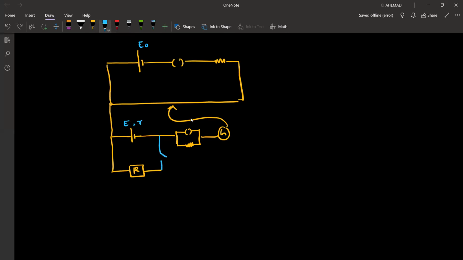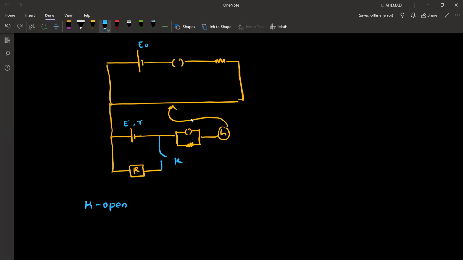Let's say this is K. When K is open, it is identical to the previous circuit, right? That we discussed earlier. You don't have this portion. So it is identical to the previous setup.